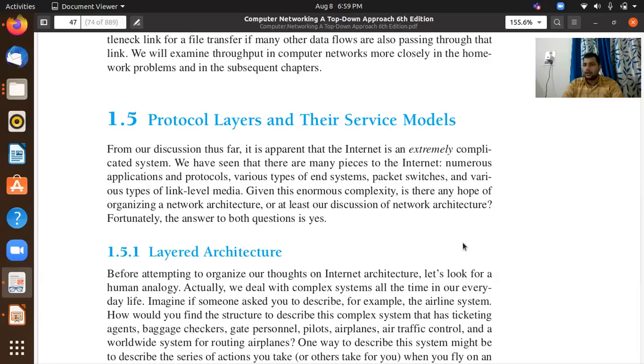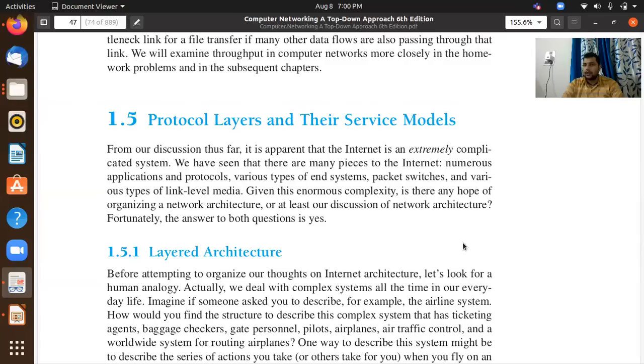So we'll start with the TCP/IP model. There are 5 layers in operation, starting from the application layer, then down to the transport layer, then network layer, data link layer, and physical layer. We have already understood the design principle behind the OSI model.